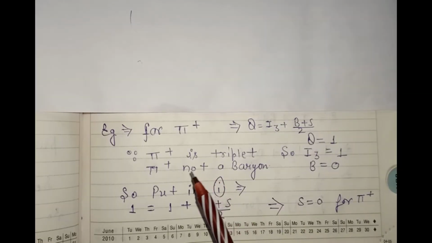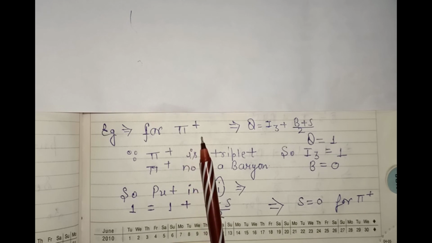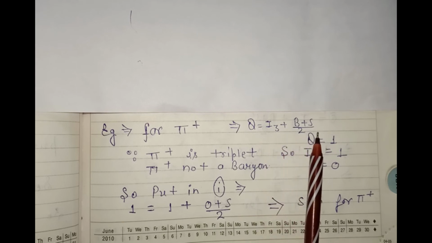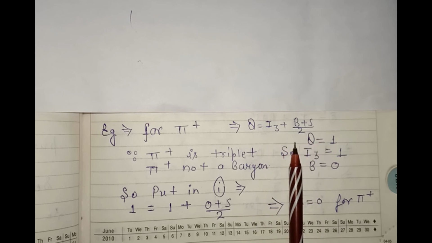Now take the first example, pi positive. We have the Gell-Mann–Nishijima relation, Q equals I3 plus B plus S by 2.